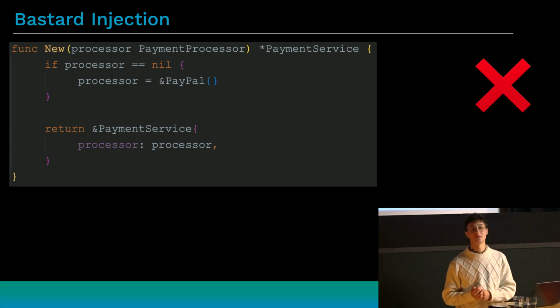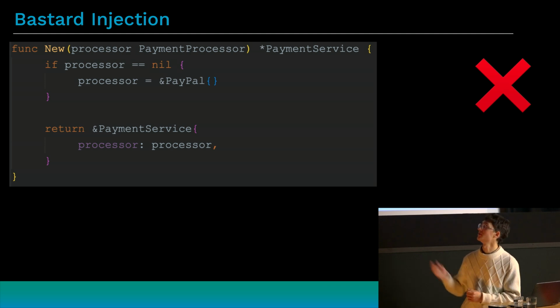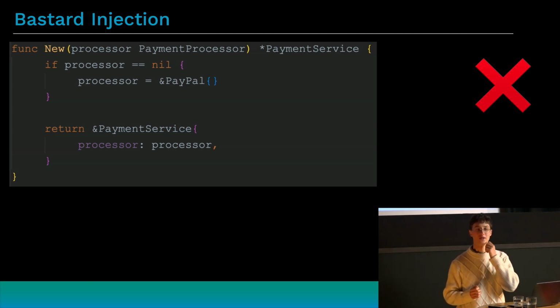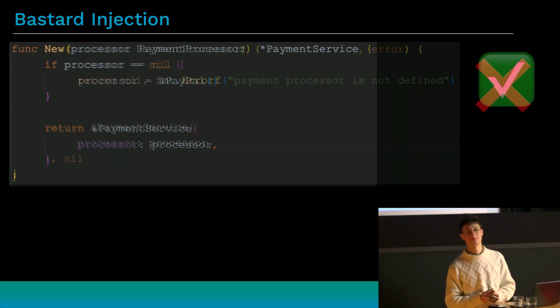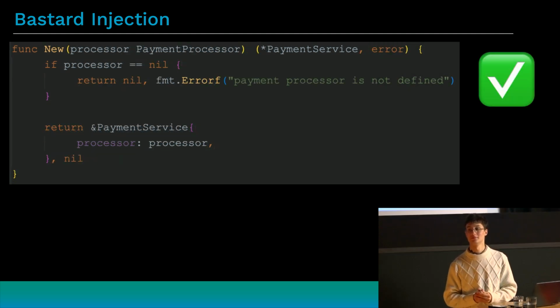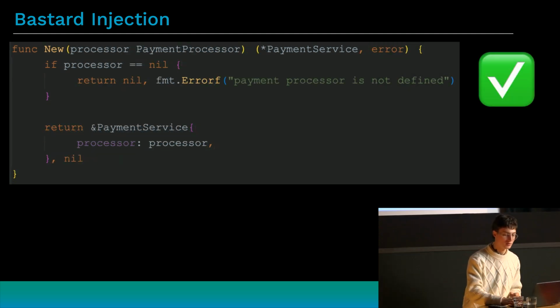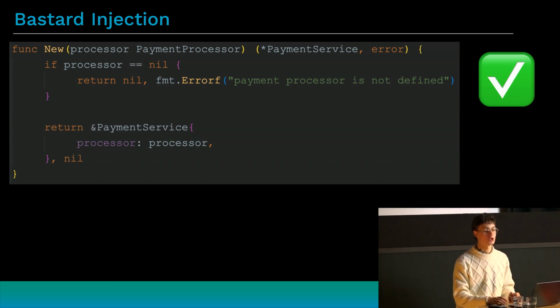Do you have any guesses how it can be fixed? How can we check in the constructor whether our processor is nil or not, and at the same time not define any default parameters? So the best solution would be just to return an error.